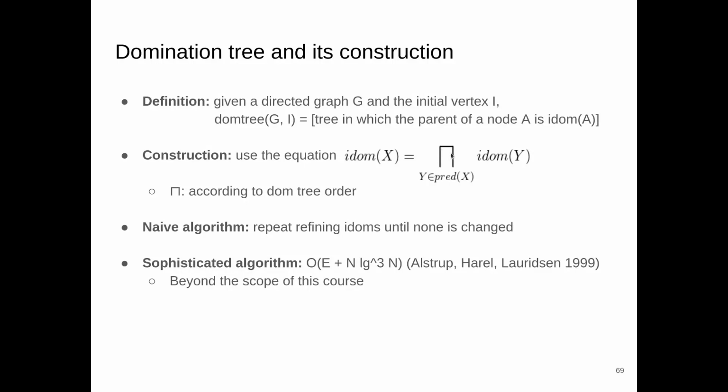So we are going to recursively construct this IDOM relation or domination tree using this equation. We are going to use a naive algorithm, which is repeatedly refining these immediate dominators. But there is a much more sophisticated algorithm which is beyond the scope of this course.